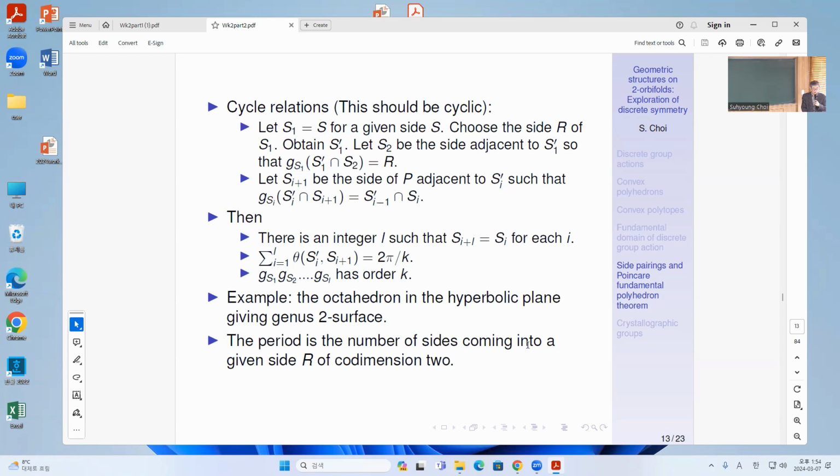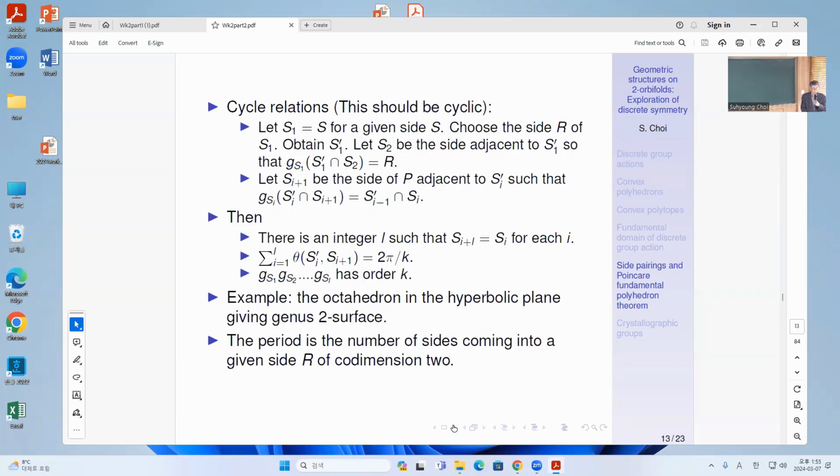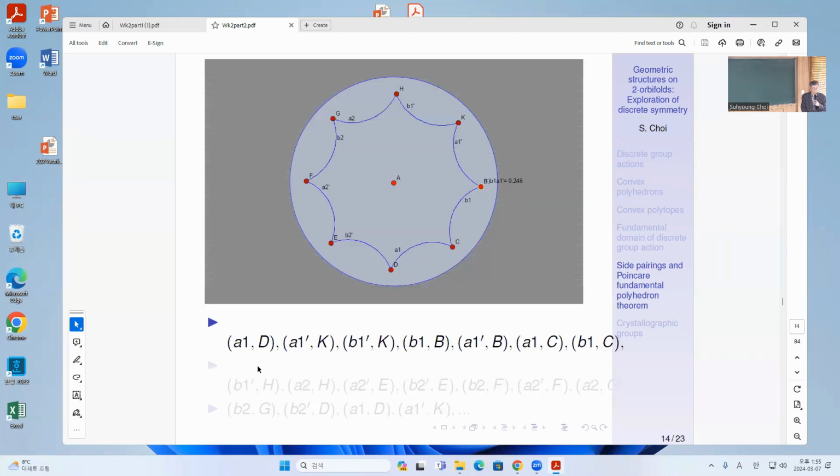Okay, so the period is the number of sides coming to a given side of codimension 2. So for each codimension 2 side, you get some sort of period. So these k will be different for each of these sides. Okay, so you can do this example yourself, that you start with A1 D. So this is the A1 edge with the vertex D, and then this will be identified with A1 prime this way.